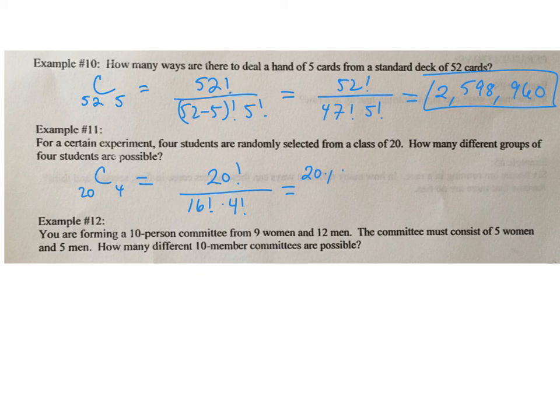So this is 20 times 19 times 18 times 17, and then we still have 4 times 3 times 2 times 1 in the denominator. This is a little more simplified to type into our calculator, and we should end up getting 4,845.